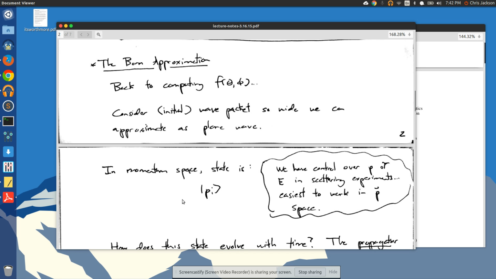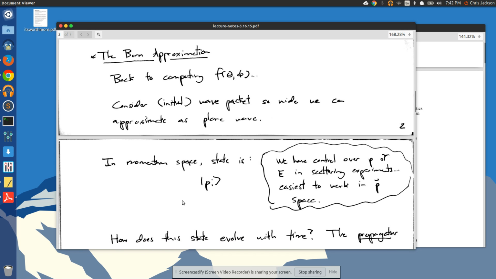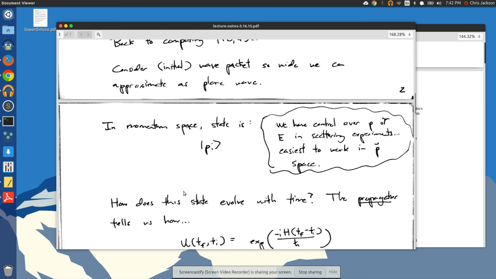And it turns out to be more convenient to work in momentum space when we're doing these calculations. If you go on and take quantum field theory, you'll see that you almost always work in momentum space. Things are a lot easier to compute, and then at the end of the calculation, you just take a Fourier transform to get back to position space.